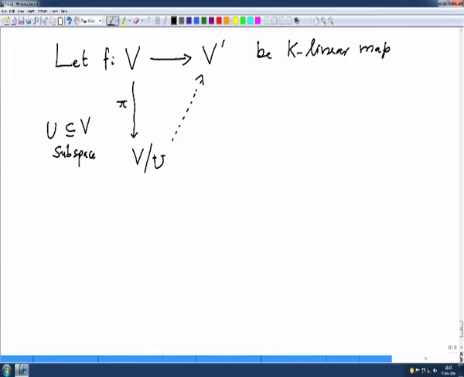So, under what condition does it exist, and if F is injective, is this map injective, if F is surjective, is this map surjective, and so on. All these topics come under homomorphism theorems, or also isomorphism theorems.